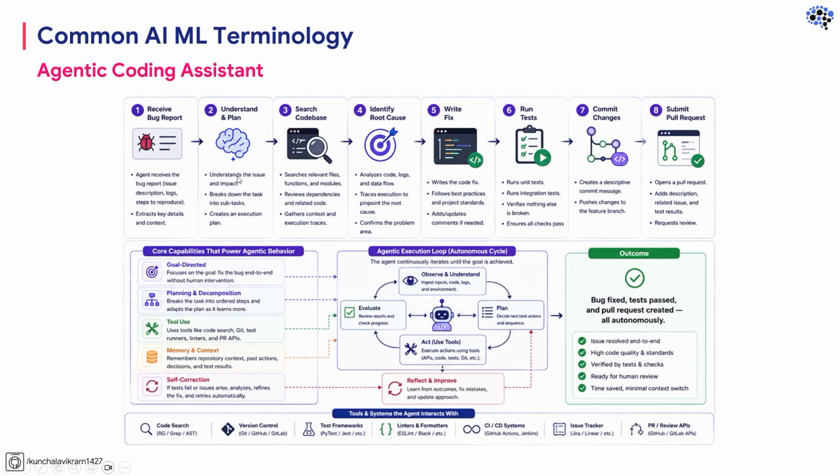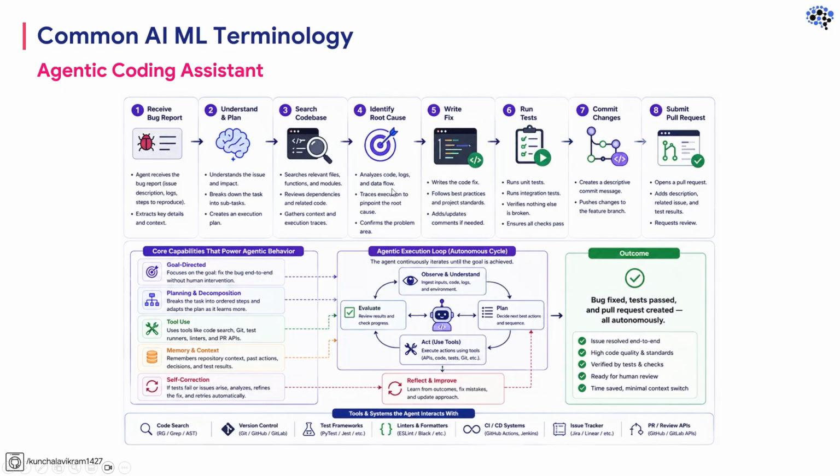So what it does is it can search the code base, search for all the relevant files, and identify the root cause by checking the logs and from where the issue has come, with what change this has come, after changing what part of the source code.